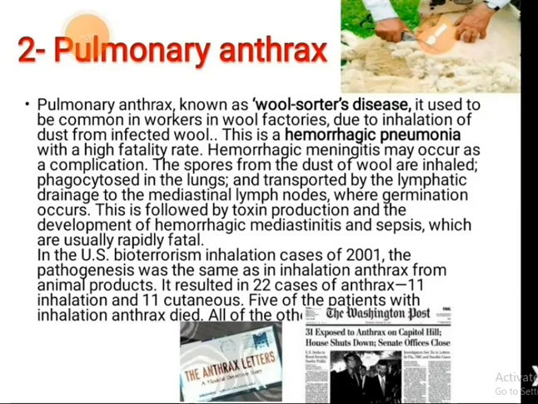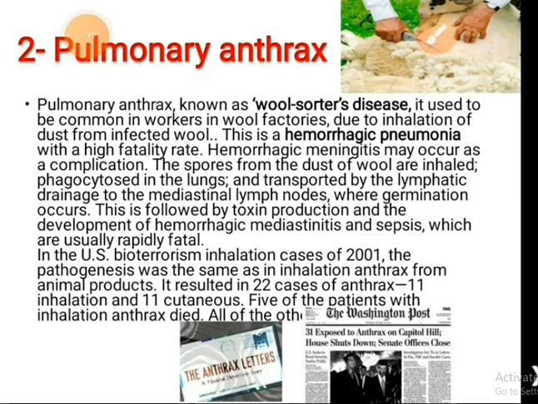Due to inhalation of dust from infected wools, this is a hemorrhagic pneumonia. When there is inhalation of these spores, it will cause hemorrhagic lesions inside the lungs and cause hemorrhagic pneumonia with a high fatality rate. It may also cause hemorrhagic meningitis, which occurs as a complication.